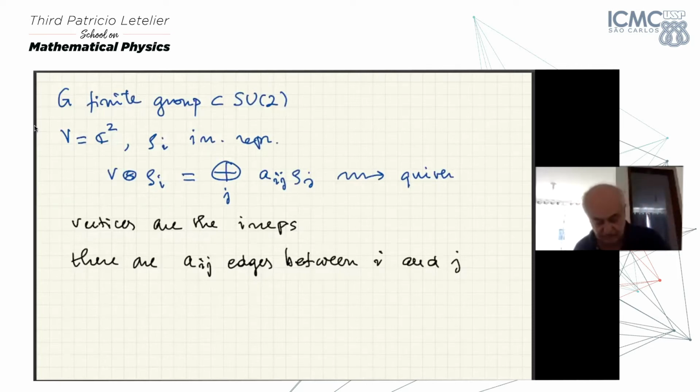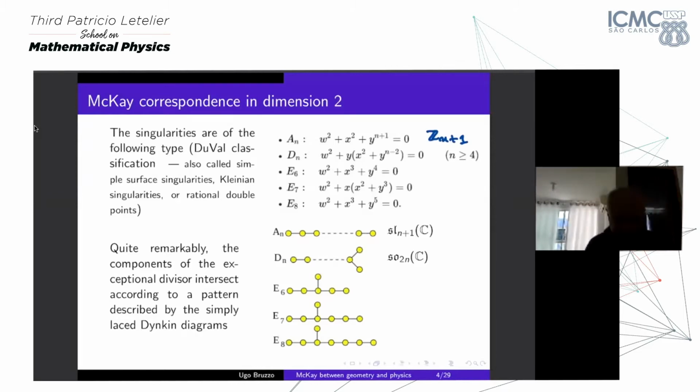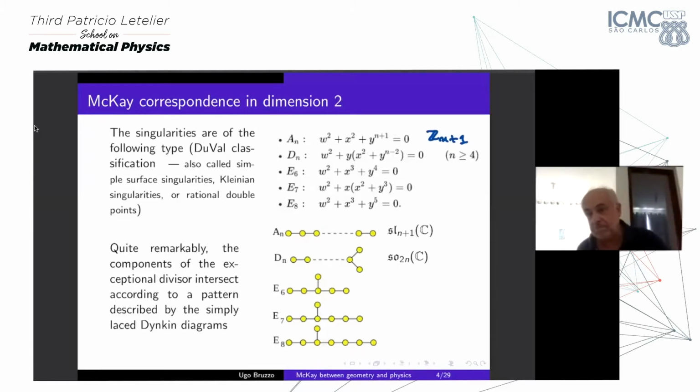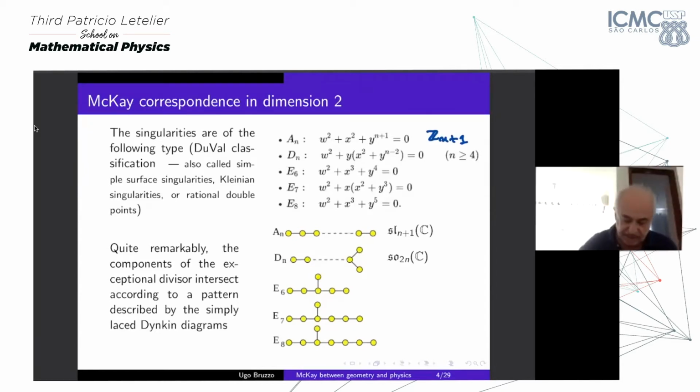Okay, so this allows one to draw a graph, a quiver. The quiver turns out to be a Dynkin diagram of the root system of some Lie group, and A_ij is the Cartan matrix of the associated Lie algebra. Okay, this is group theory.